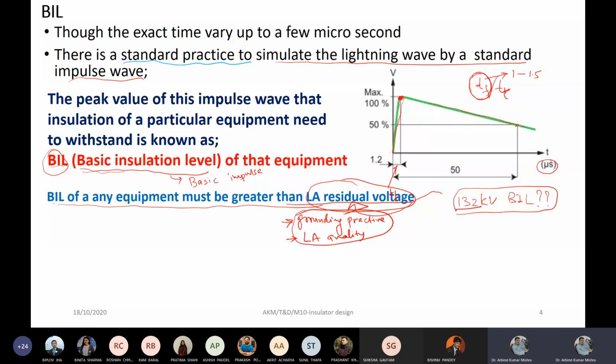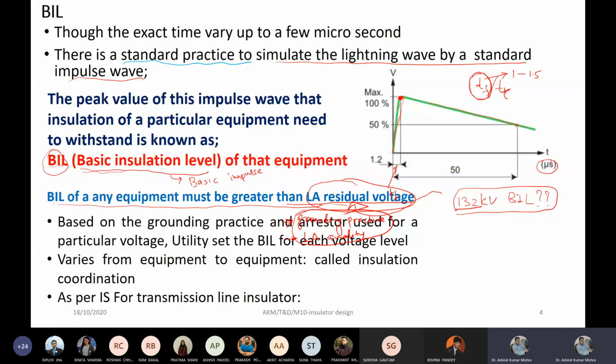But as the number of equipments at the lower voltage is very high, it's usual practice that lightning arrestors used for the lower voltages are of lower quality, just the opposite. Lower quality means that in that case there should be a sufficiently larger margin for lower voltage from the residual voltage, or sorry, from the spark-over voltage to the BIL rating.